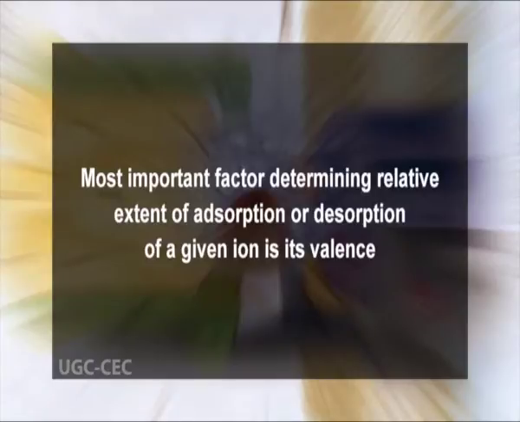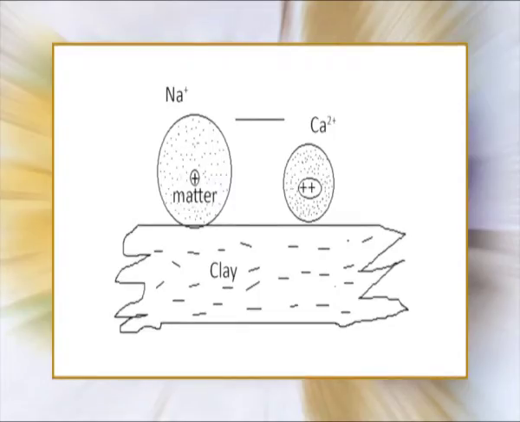The most important factor determining the relative extent of adsorption or desorption of a given ion is its valence. Divalent ions in general are retained more strongly than monovalent ions. Trivalent ions are retained more strongly still, and quadrivalent ions such as thorium are essentially unreplaced by an equivalent amount of KCl.